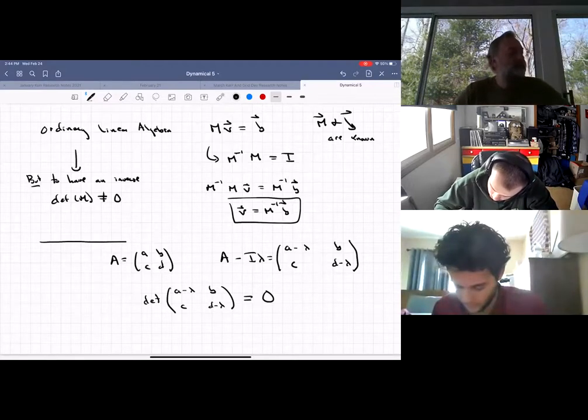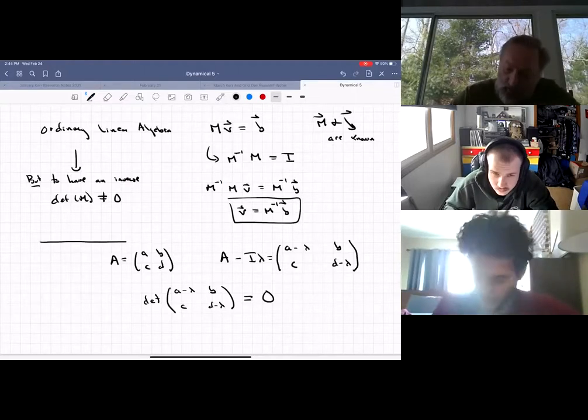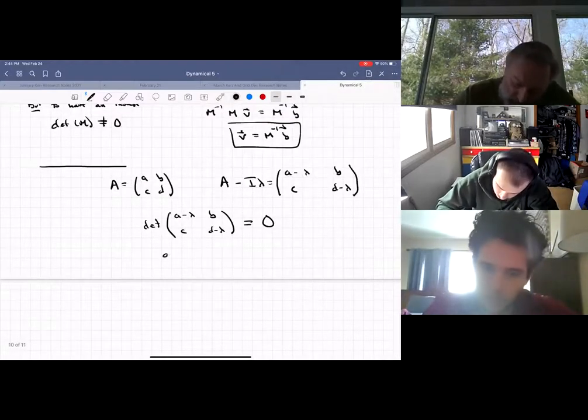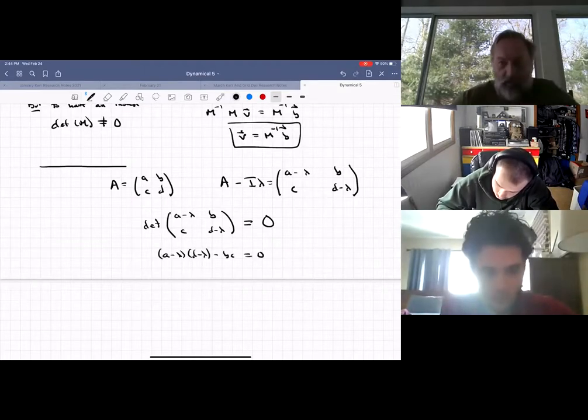You can work it out: that would be (A minus lambda) times (D minus lambda) minus BC is equal to 0.